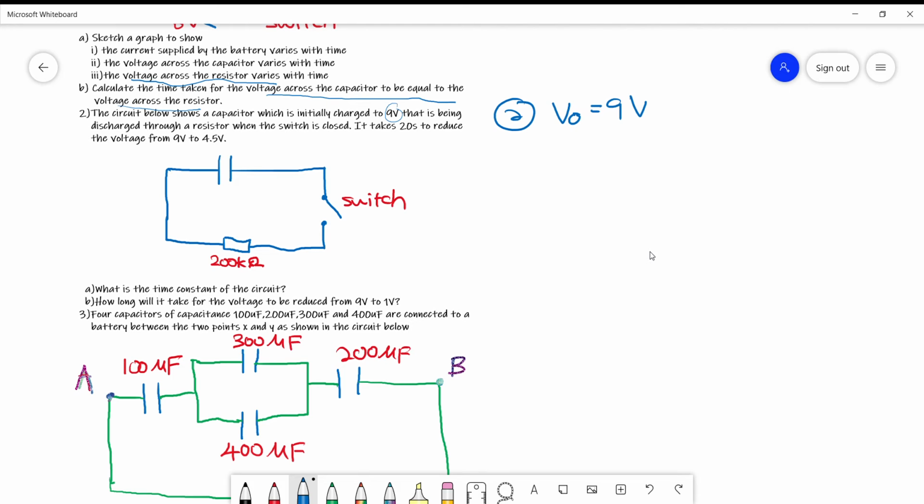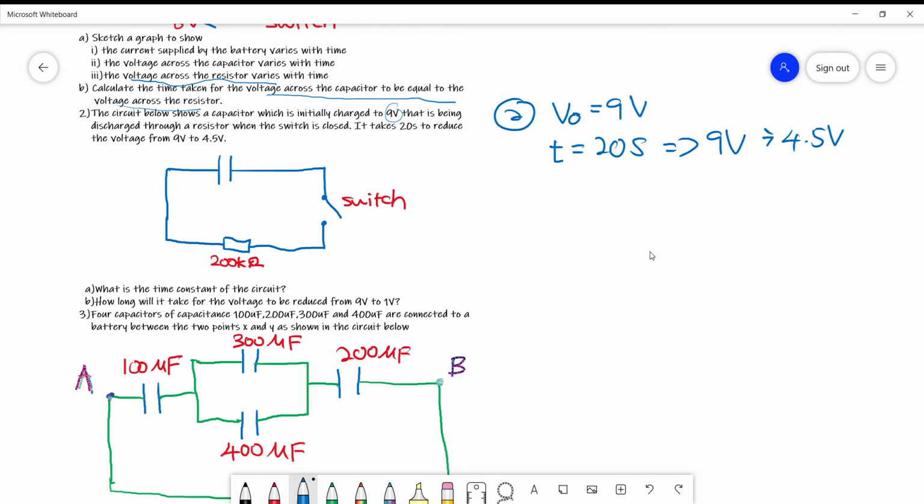So the circuit is showing a discharging CR circuit. It takes 20 seconds to reduce the 9 volts to 4.5 volts. What is the time constant of the circuit?